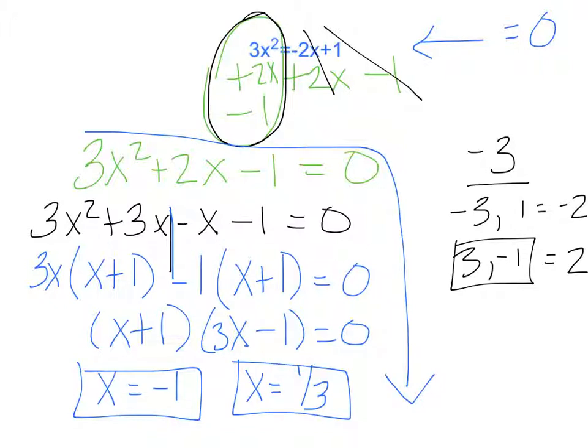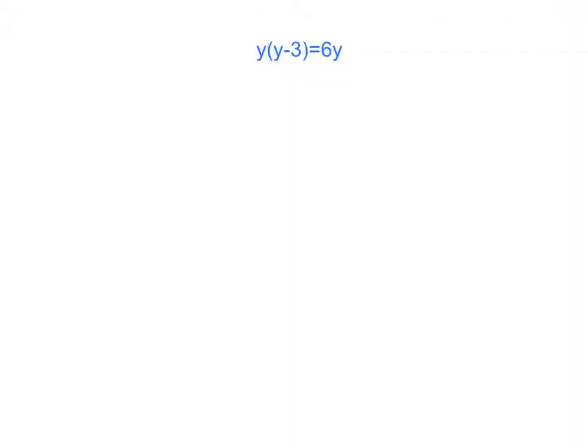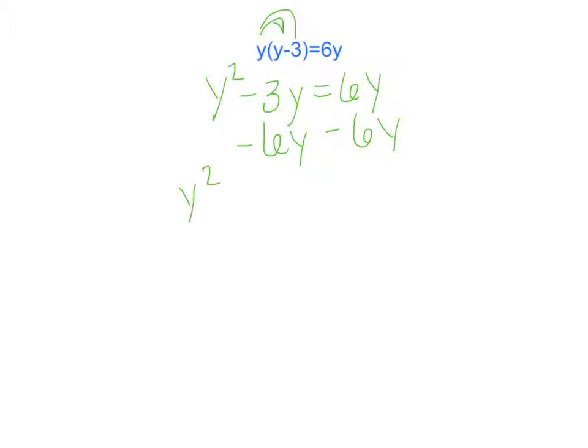Okay, so our next one, it's not equal to 0, so we need to multiply this through to both terms. So it would be y squared minus 3y equals 6y. Then we can subtract 6y from both sides. y squared doesn't have anything.